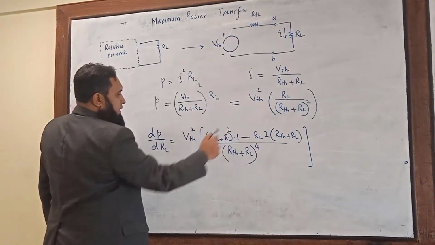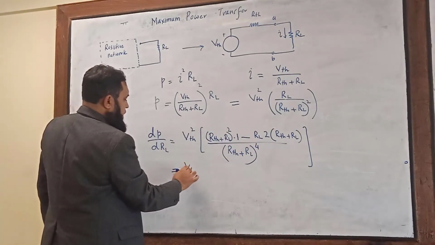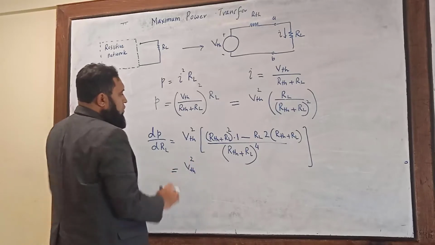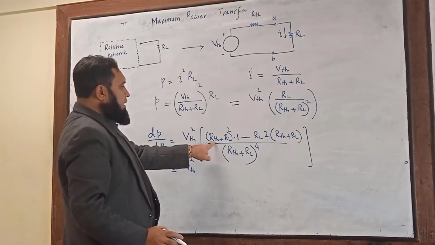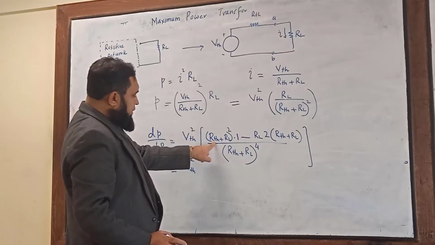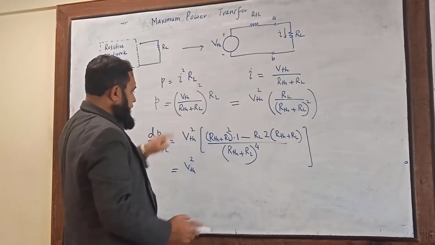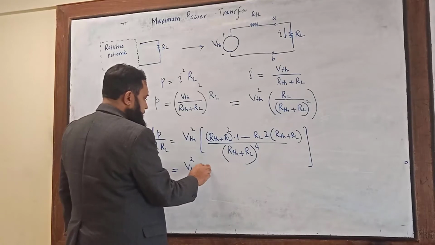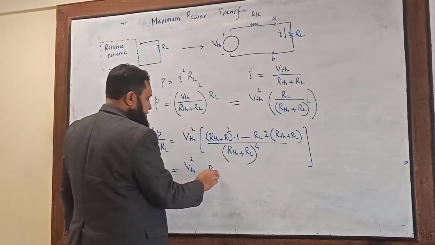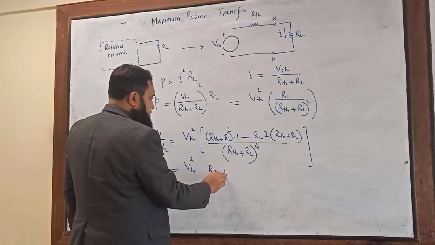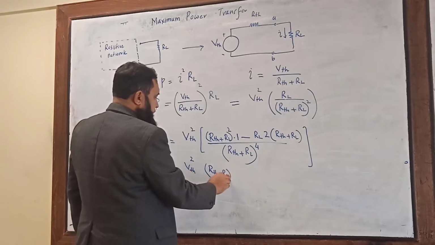Rearranging this expression, we have VTH whole square, taking RTH plus RL as common.